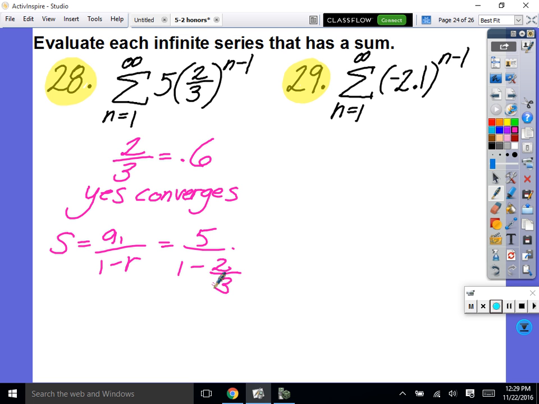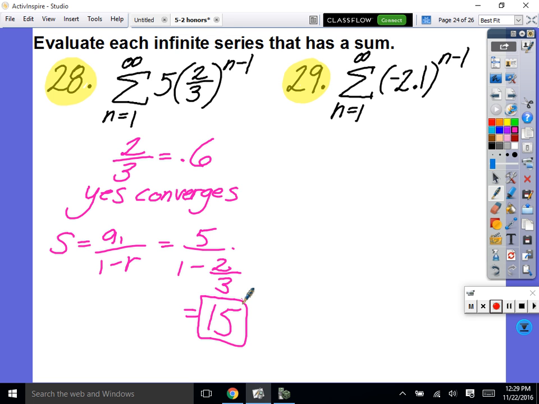Our r is 2/3. So that's going to be equal to 15. So the sum will converge towards 15. Everybody good with that?